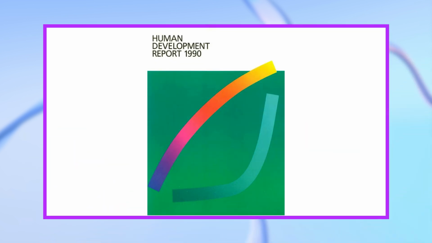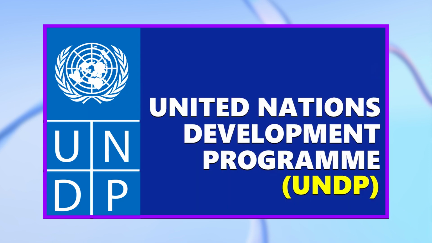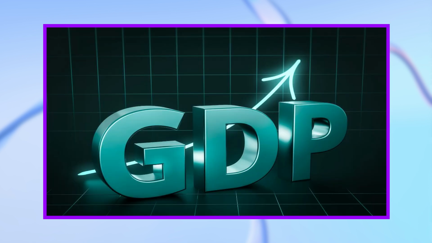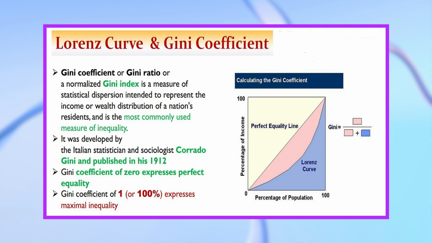The first Human Development Report, published in the year 1990, developed by the United Nations Development Programme, looks not only at the total amount of wealth in a society as GDP does, nor even at its distribution as with the Gini index, but at the overall outcome of that wealth, the well-being of a country's people.